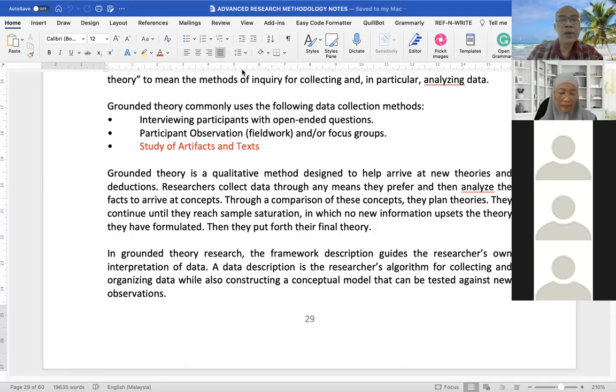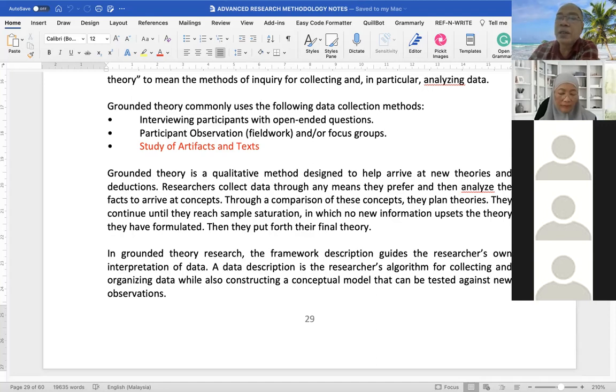In grounded theory, the framework description guides the researcher's interpretation of data. A data description is the researcher's algorithm for collecting and organizing data while also constructing a conceptual model that can be tested against new observations.